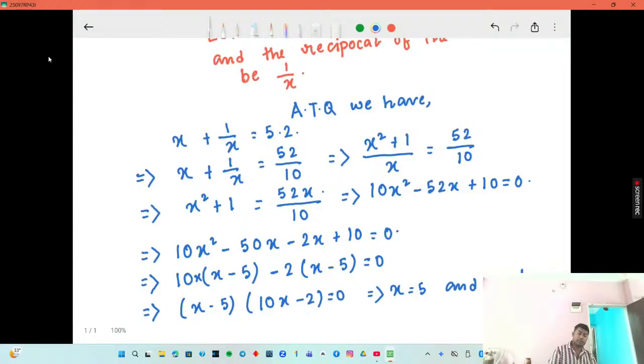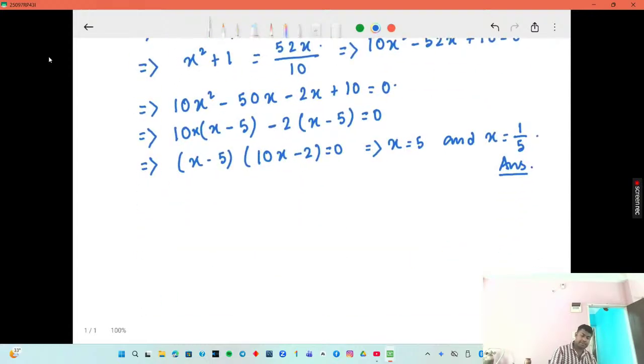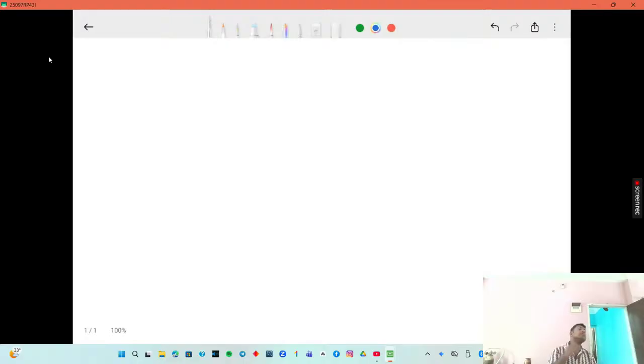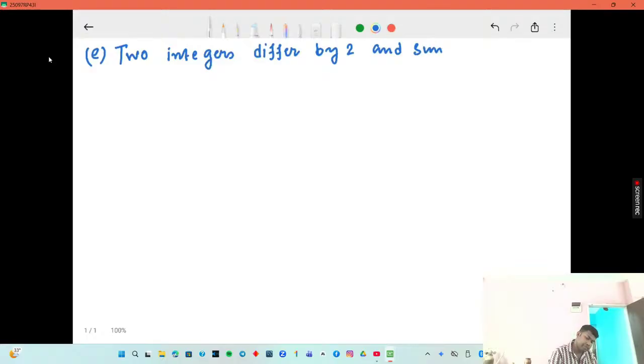So now I will be moving to the next question. The next question is given as: two integers differ by 2 and the sum of their squares is 52.